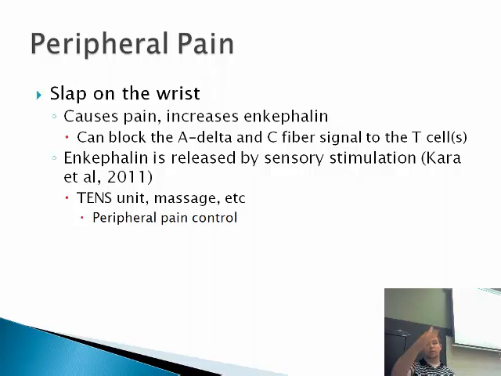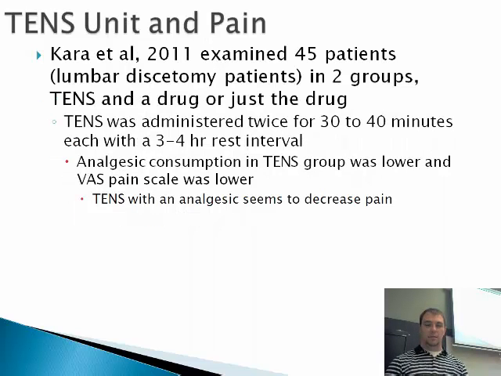The whole theory behind TENS units is blocking the sensory fiber pain from the A delta to a point C fibers and releasing the enkephalon. We can do this with therapeutic massage as well. It feels good, it's a sensory stimulation, and helps with peripheral pain control. So these are two things that we can do in the athletic training clinic to help decrease somebody's pain.